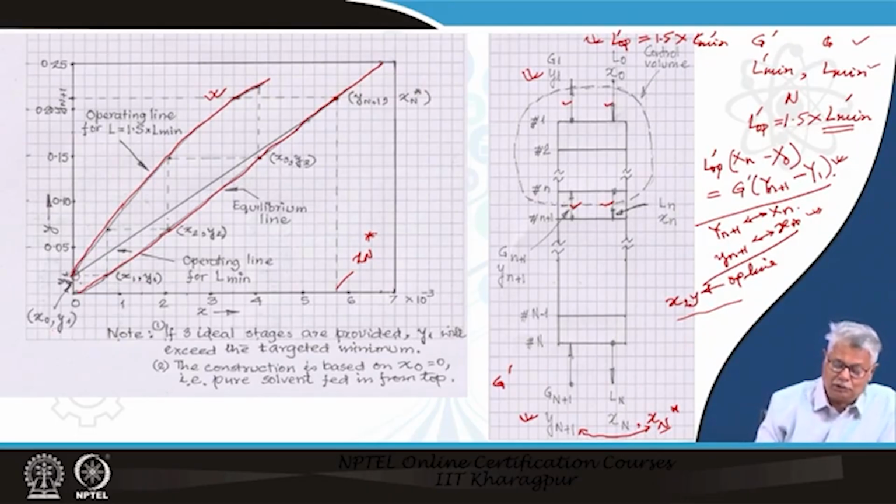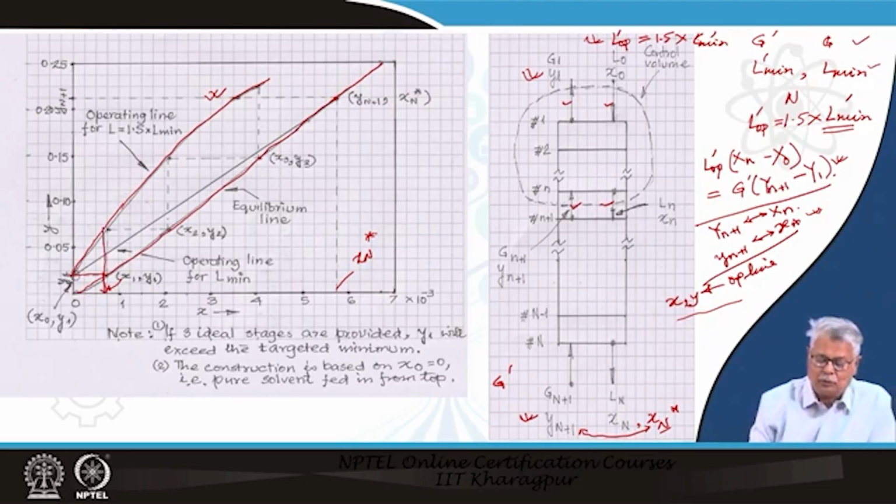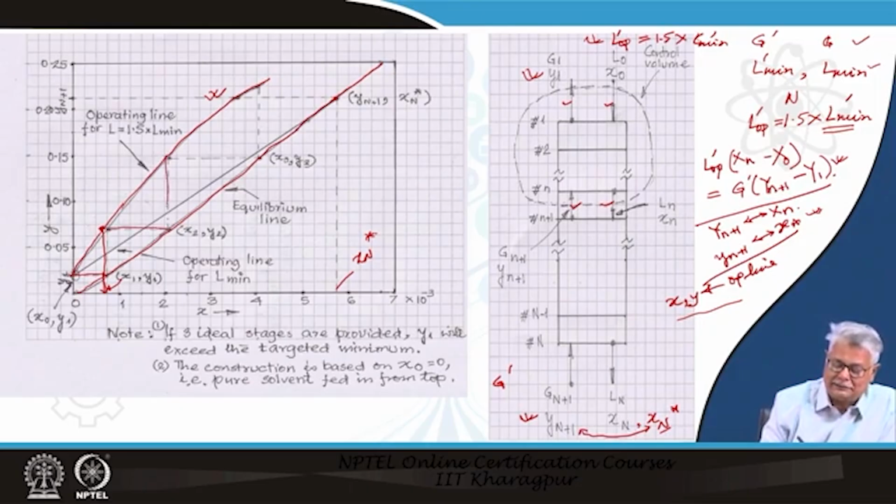Now, if we move here, corresponding to y1 we have the corresponding composition of the liquid phase. So, this basically has the composition x1. If I go up, we will find another operating point in the next stage, and we keep on moving like this.